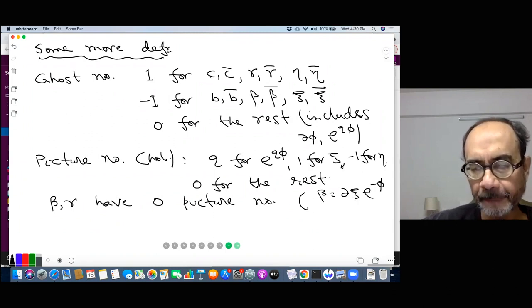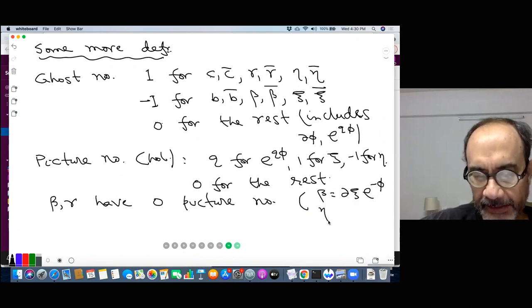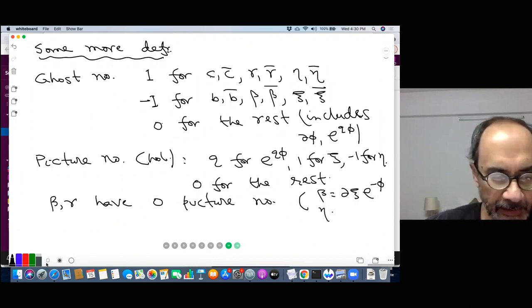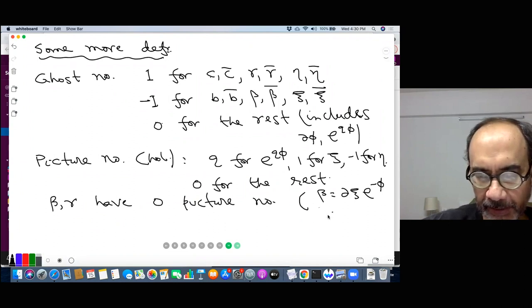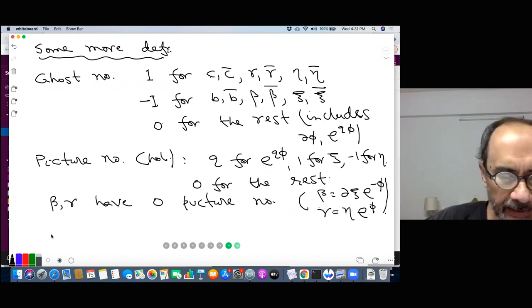So it's 1 for xi, and e to the -phi has picture number -1. So they add up to 0. And gamma is eta e to the phi. And again, the picture number adds up to 0. Okay, -1 plus 1. Similarly, anti-holomorphic picture number.